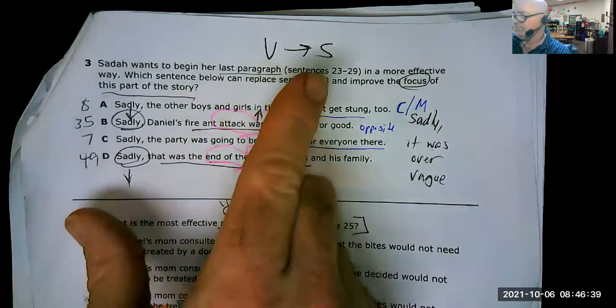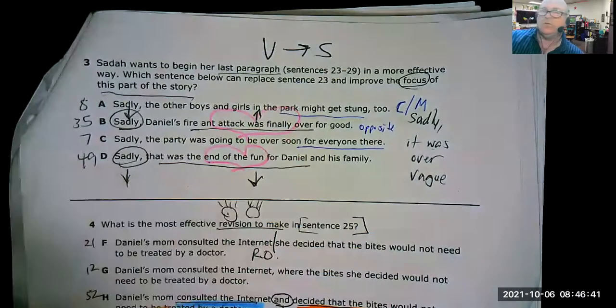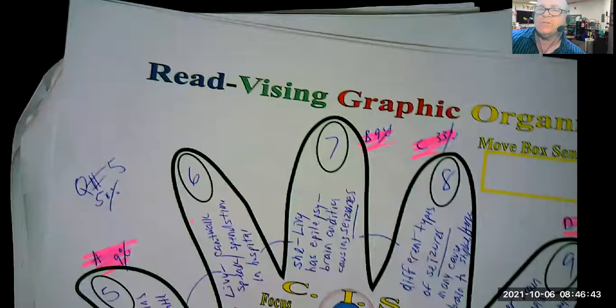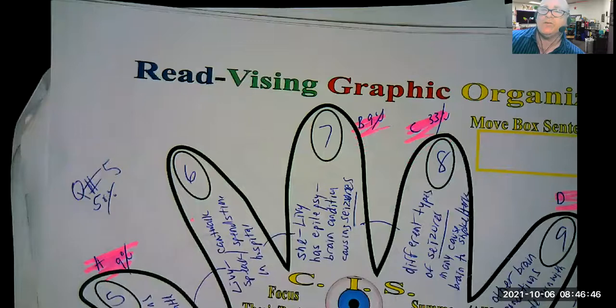So what helped me was the revising graphic organizer.